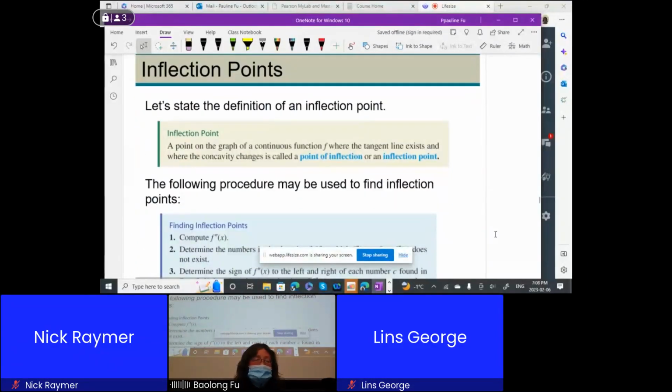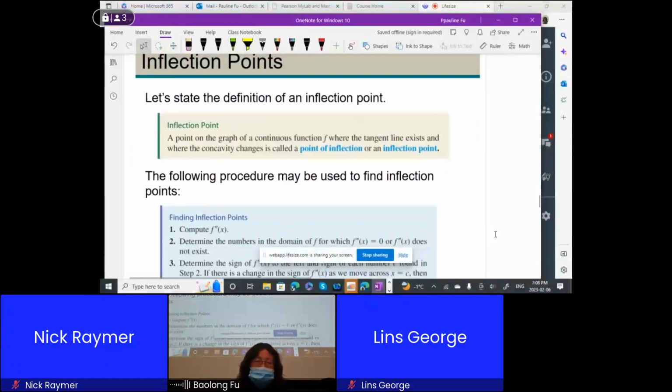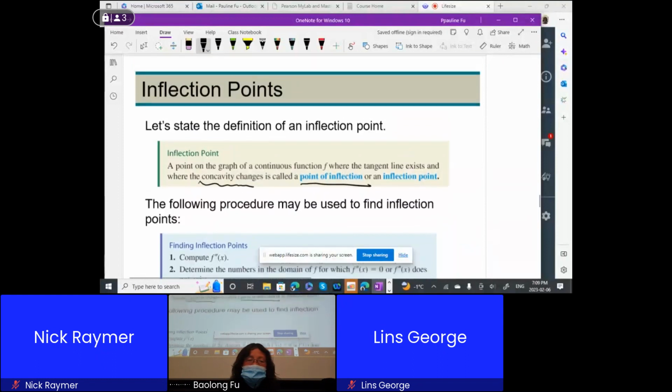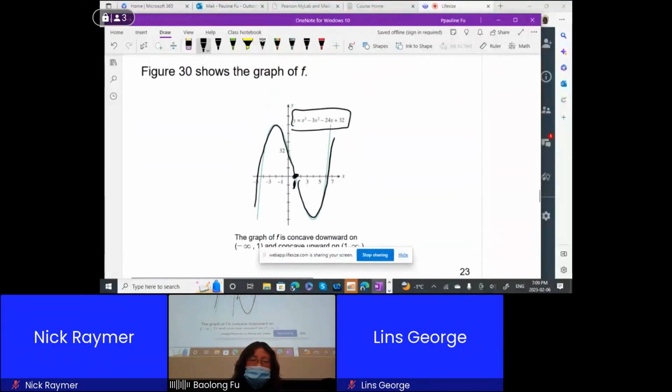Another new concept, inflection point. So what is an inflection point? When you have a concavity change, it is a point of inflection. What is a concavity change? It means from concave up to concave down, or from concave down to concave up. That is a concavity change. Now look at this graph.